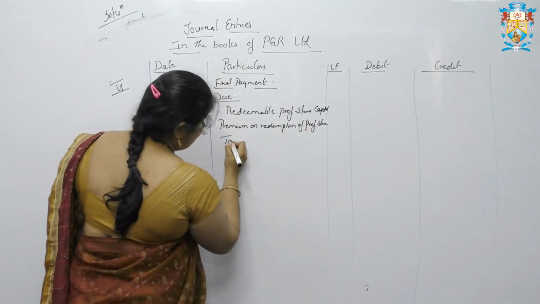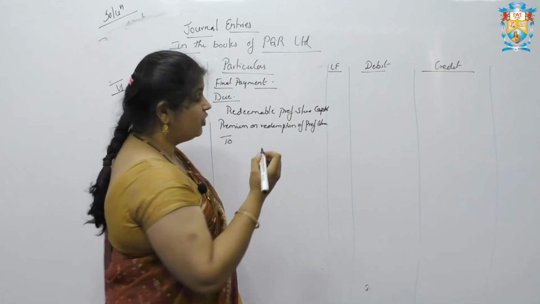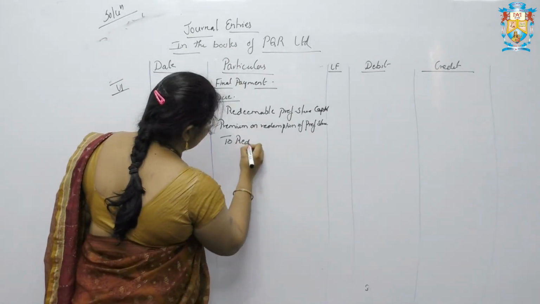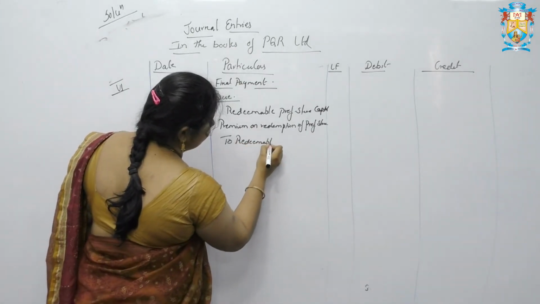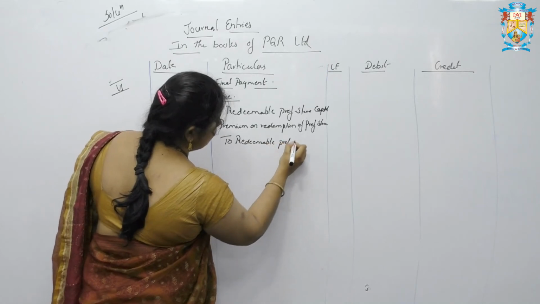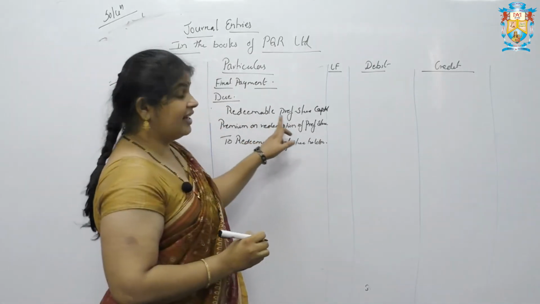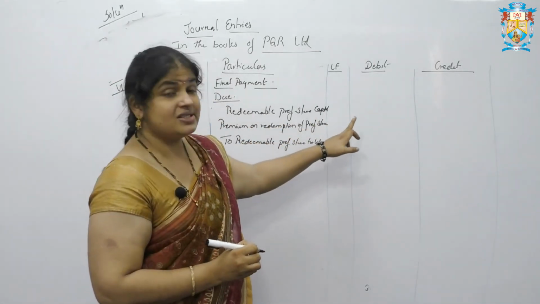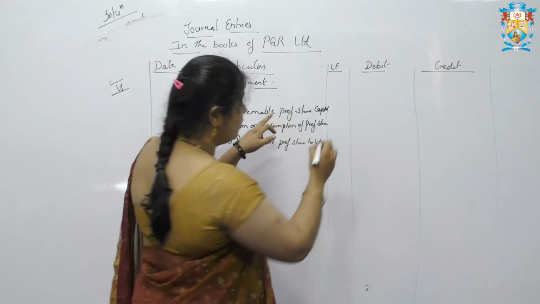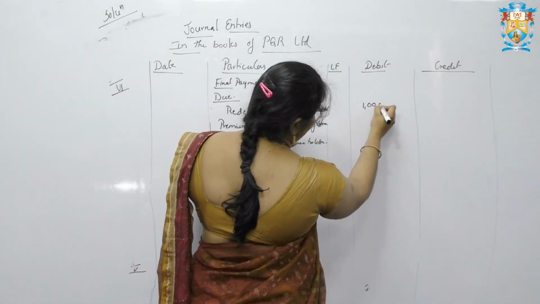Who is the receiver? The shareholder is the receiver, that is redeemable preference shareholder. At the time of redemption, what money are we going to give as face value? We are going to give 1 lakh rupees.